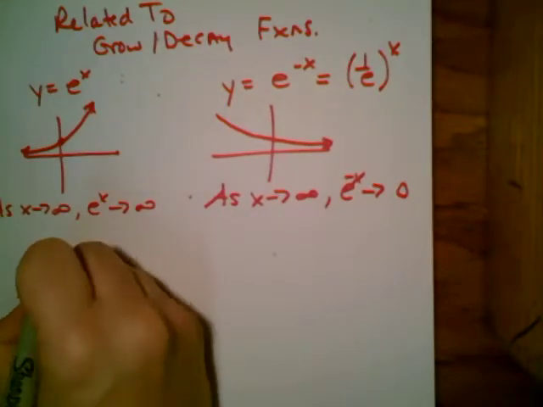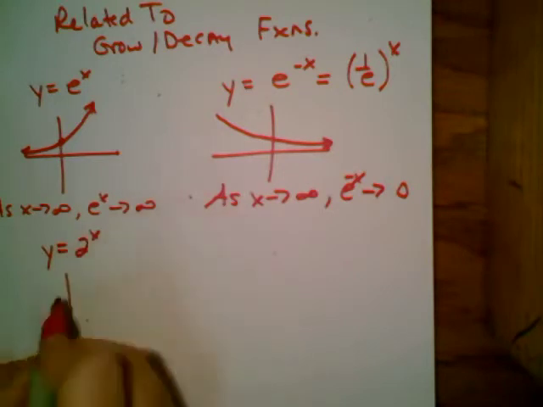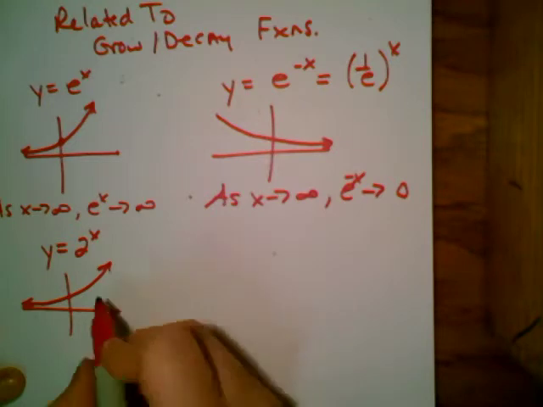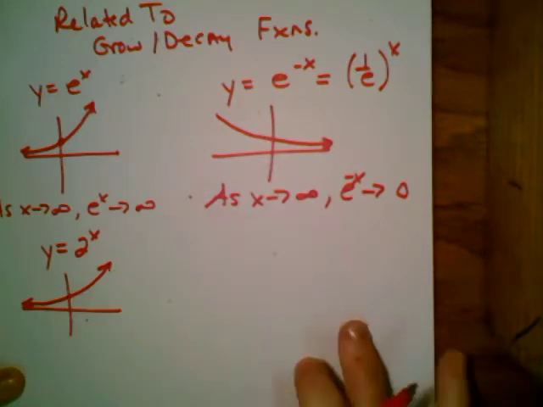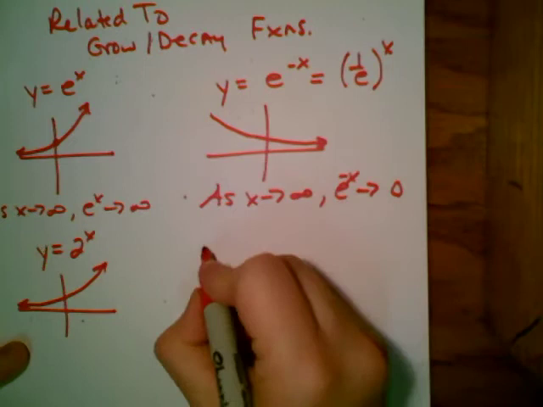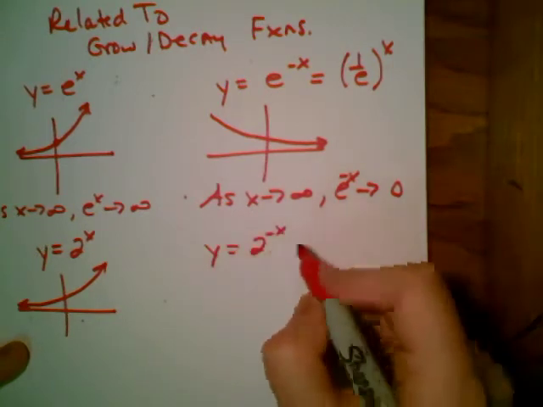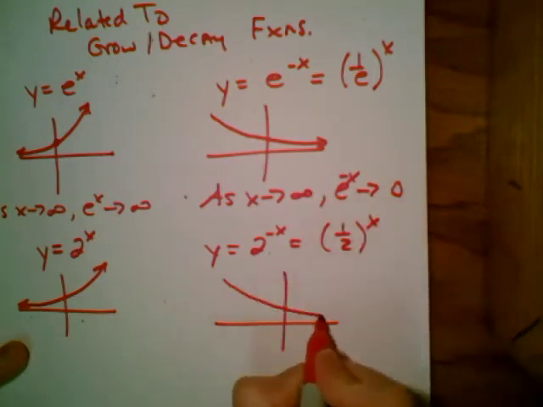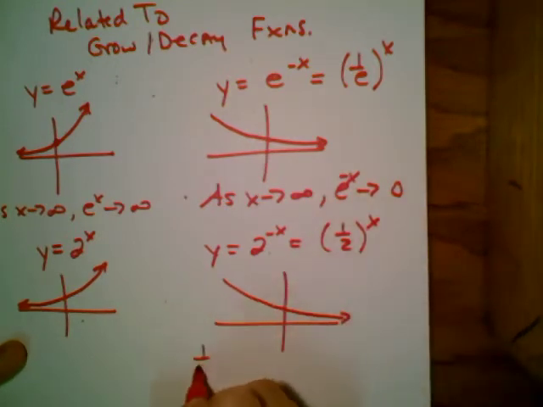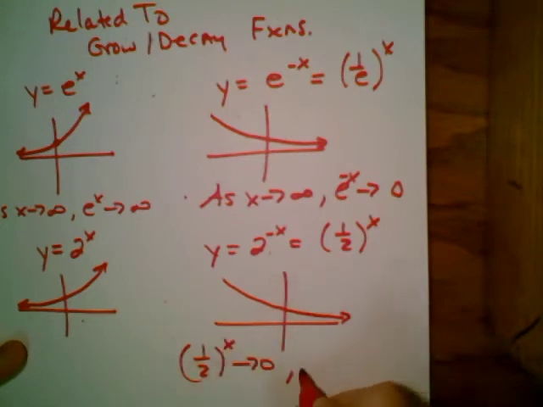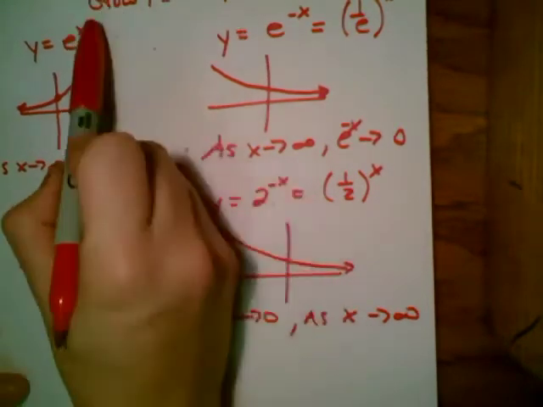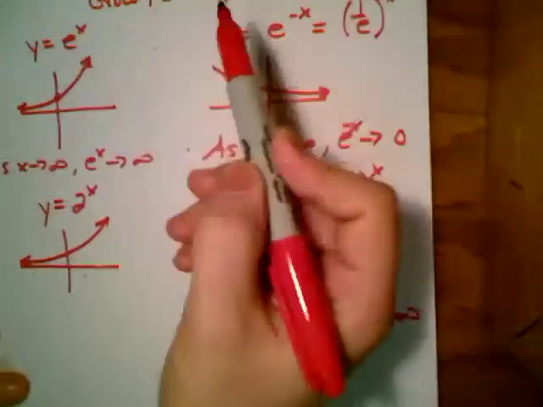Just another example, y equals 2 to the x would have the same shape as the above growth function, and so would have unbounded growth as x goes to infinity. But 2 to the -x, which also could be written as (1/2) to the x, would be a decay function. And so (1/2) to the x goes to 0 as x goes to infinity. You know you have a growth or a decay function depending on the base.